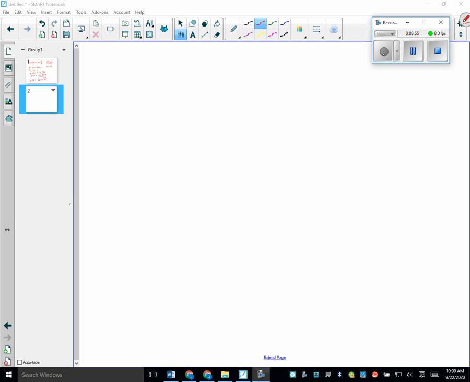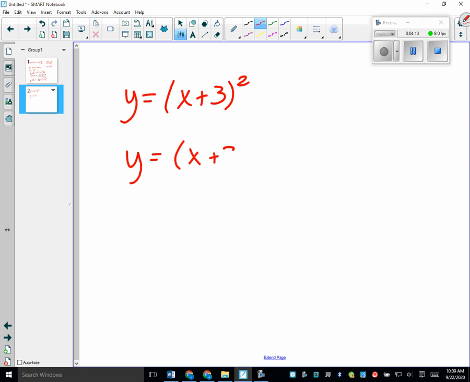If we had an equation that looked like this, and I asked you to take the derivative, didn't we FOIL it out and then take the derivative? Yeah. What happens if I have an equation that looks like this? Foiling it out is a little harder.